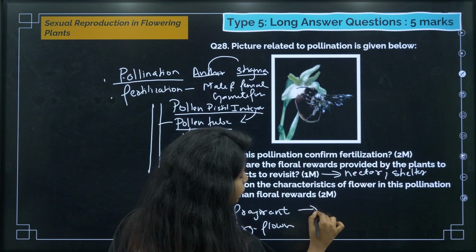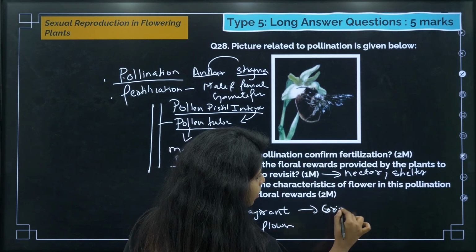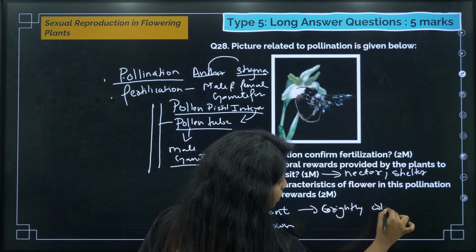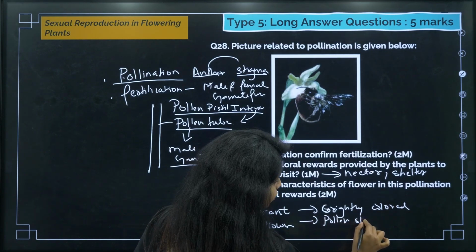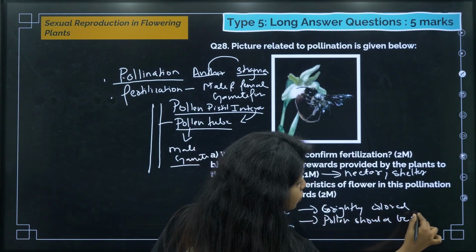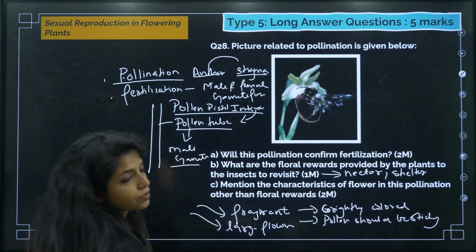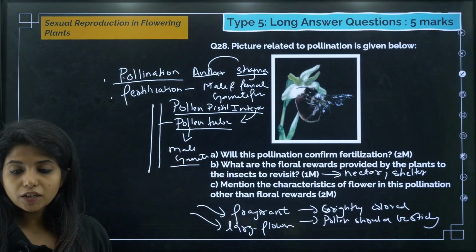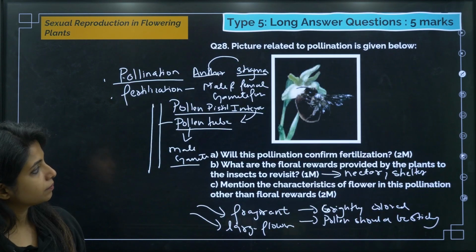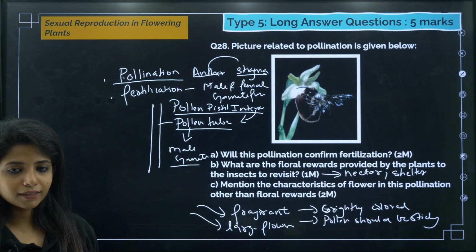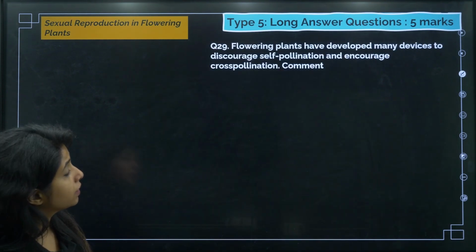They should be colorful, brightly colored. Pollen should be sticky, so that it sticks onto the surface of the insect that is pollinating. All these things you can write, right? Easy things. Fine? Okay. Next question.